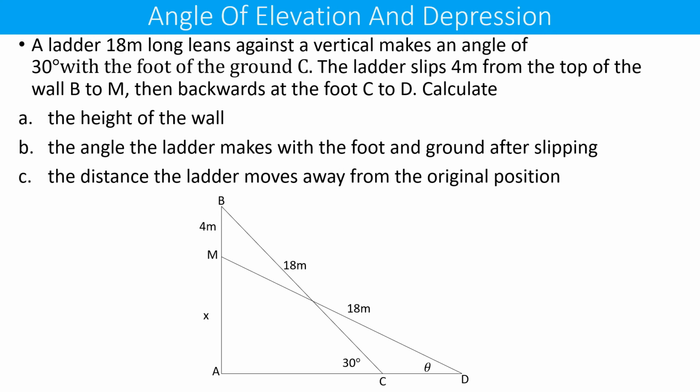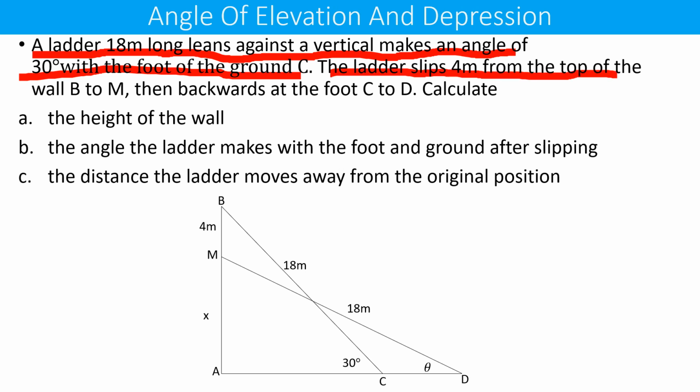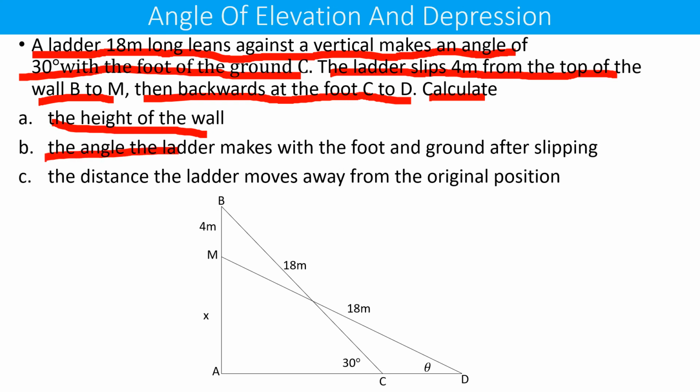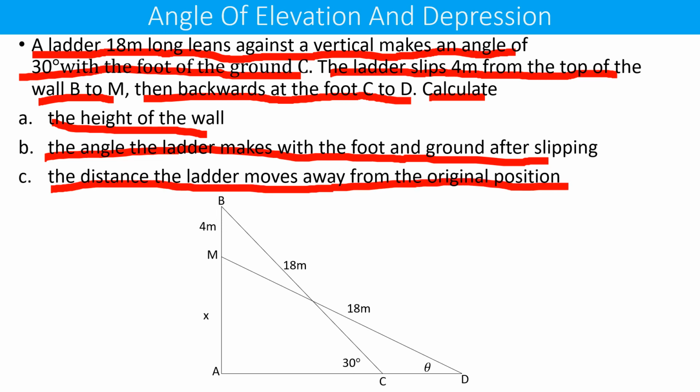The question reads: a ladder 80 meters long leans against a vertical wall and makes an angle of 30 degrees with the ground at C. The ladder slips 4 meters from the top of the wall, from B to M, then backwards at the foot, from C to D. Calculate the height of the wall, the angle the ladder makes with the ground after slipping, and the distance the ladder moves away from the original position.